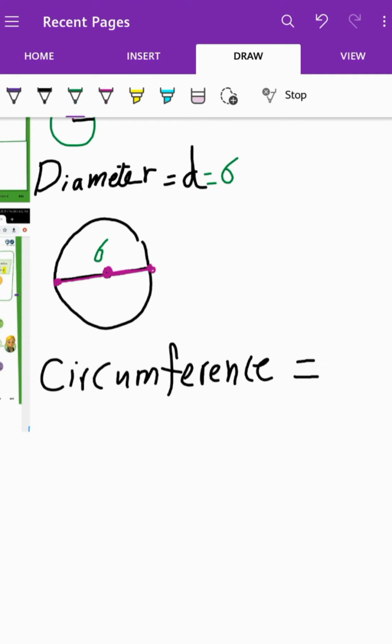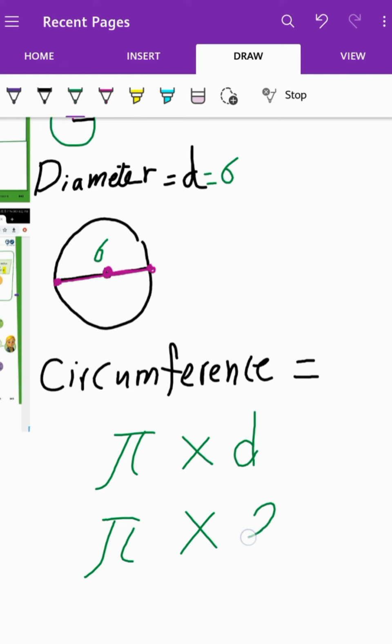If you know what the diameter is, and the pi, you will find it. You know the pi, it is constant, but you need to find the diameter. So you multiply pi by the diameter. Or you can multiply pi by 2r, 2 multiplied by radius.